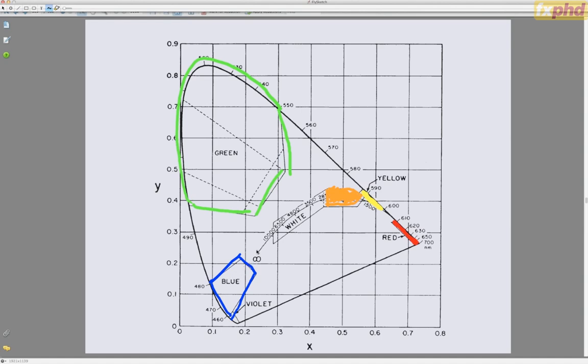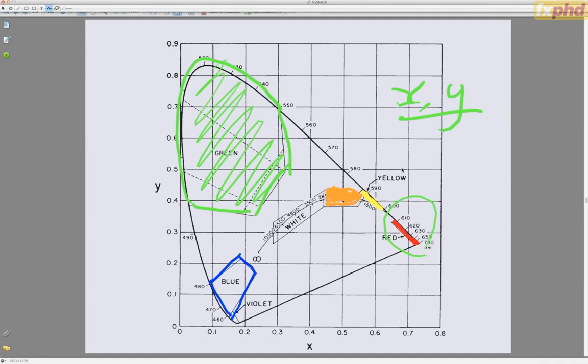Now, I hope you're wondering from this diagram, why is it that this green area is so big compared to the red area? And the answer is the little x, little y diagram is not uniform for perception.